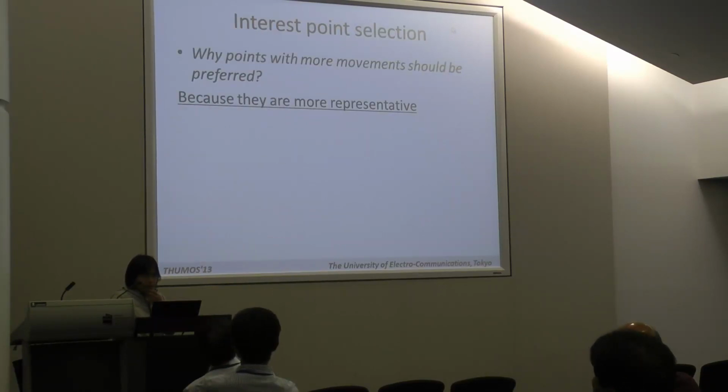After determining which points are moving and how many times they move, we select the points with more movement. Why should points with more movement be preferred? Because they are supposed to be more distributed.